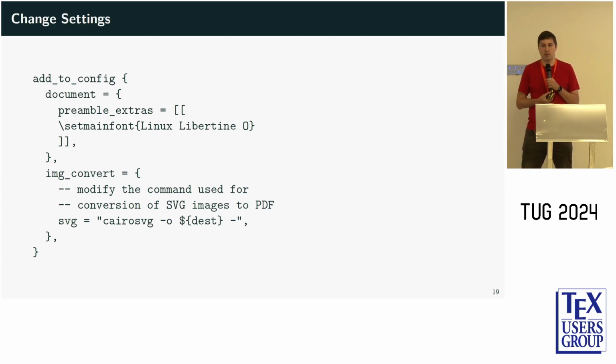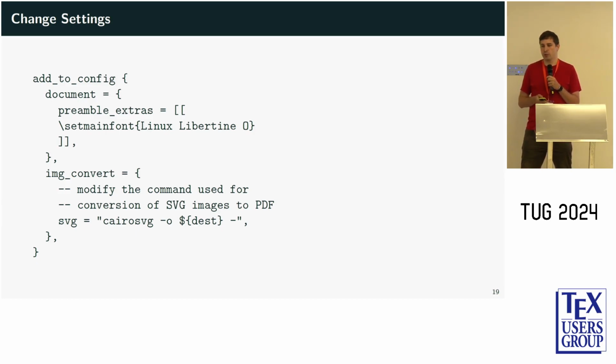This passes some configurations to the document using the add to config command, and you can, for example, use it to pass extra packages or fonts to the preamble using preamble extras, or there is the table for configuration of conversion of images, because LuaLaTeX doesn't support all image types that are used on the web.